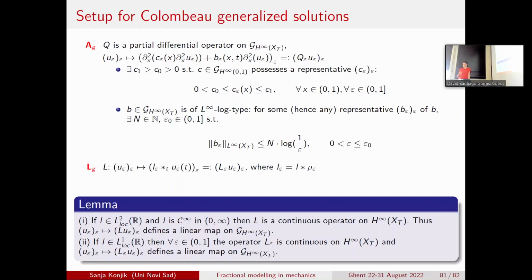That means that we make a convolution of each function with a mollifier, and then the corresponding assumptions on our form A and our convolution operator L are given by these two things here. Okay, this is a result.